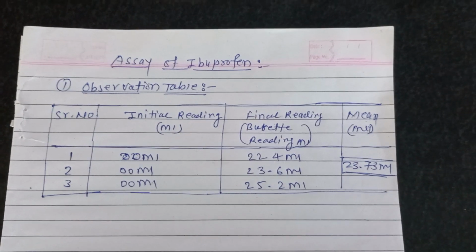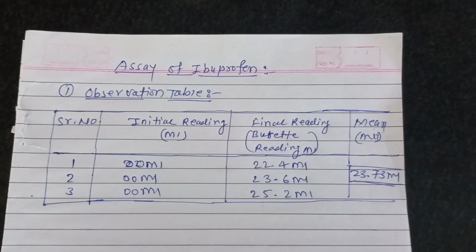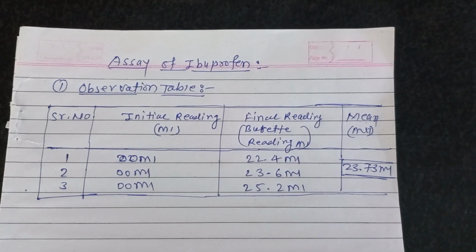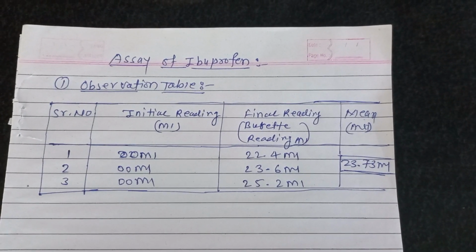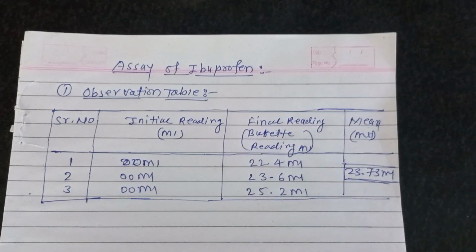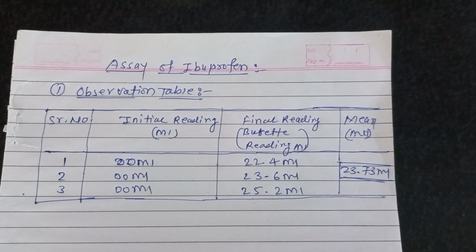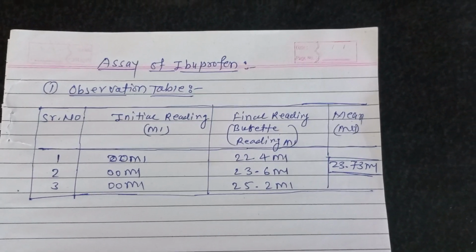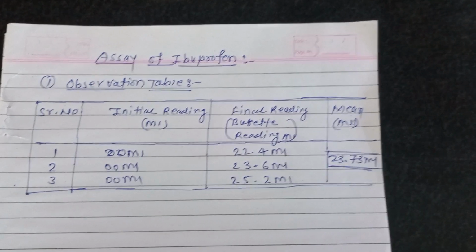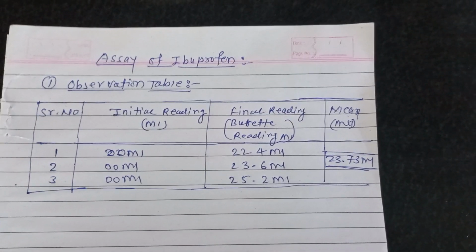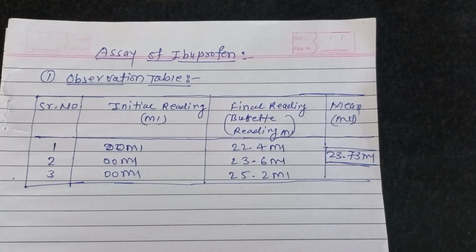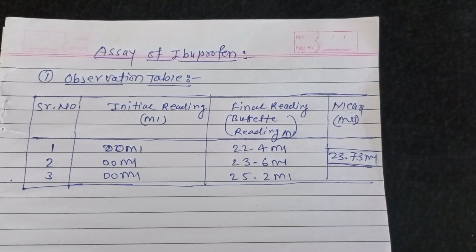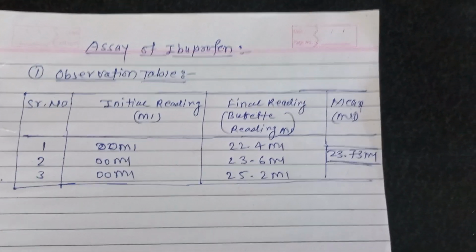So for the blank titration we omit the sample of ibuprofen. First of all we will take 100 ml of ethyl alcohol, add 3 to 4 drops of phenolphthalein, and then titrate with 0.1 normal NaOH. So that will be the blank reading. So let us do this next step.